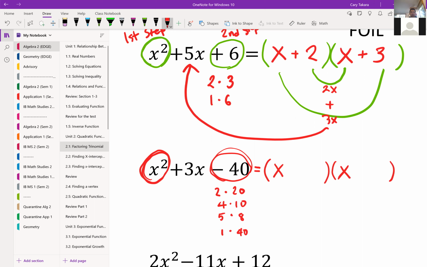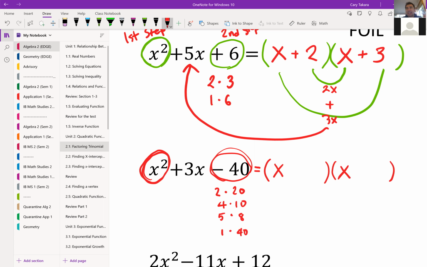Now, there are 4 possibilities, right? One of them being negative, though. Okay. Now, which one are we going to use? There's a rule of thumb, okay? And that is you always want to try the combination numbers that are close to each other. You don't want to use the numbers that are far apart, like 1 and 40.